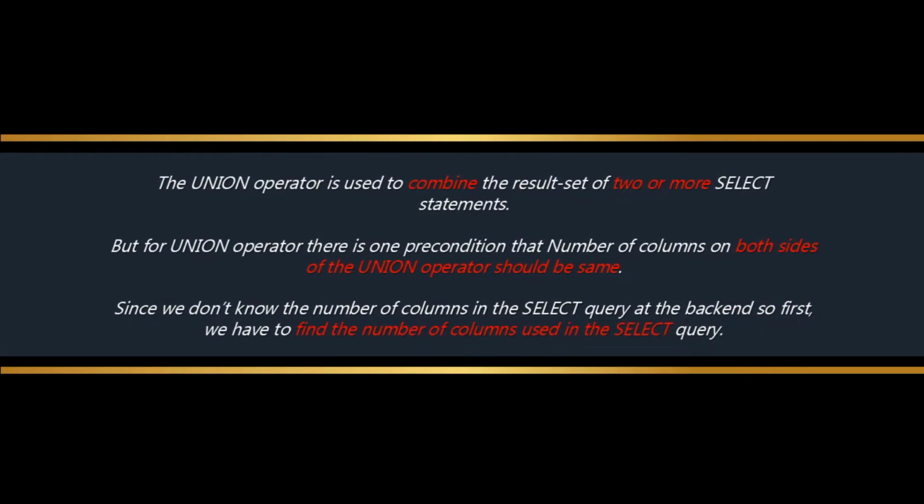The union operator is used to combine the result sets of two or more select statements. But for the union operator there is one precondition: the number of columns on both sides of the union operator should be the same. Since we don't know the number of columns in the select query at the backend, first we have to find it.